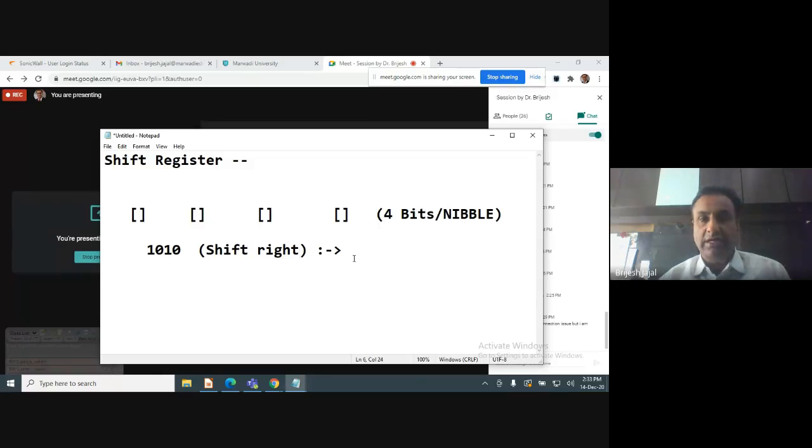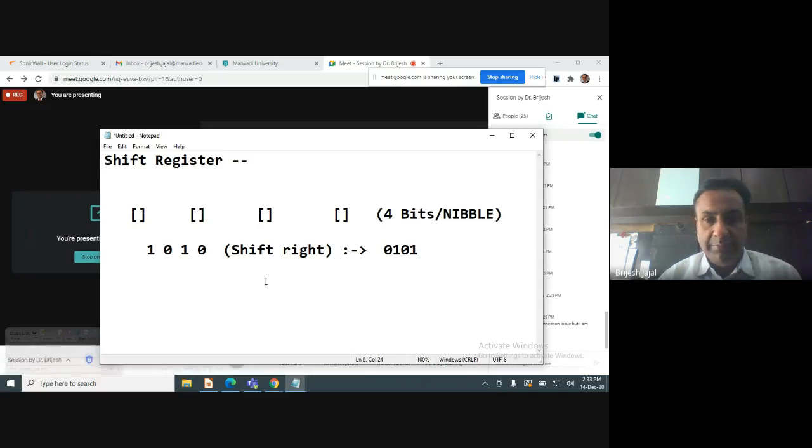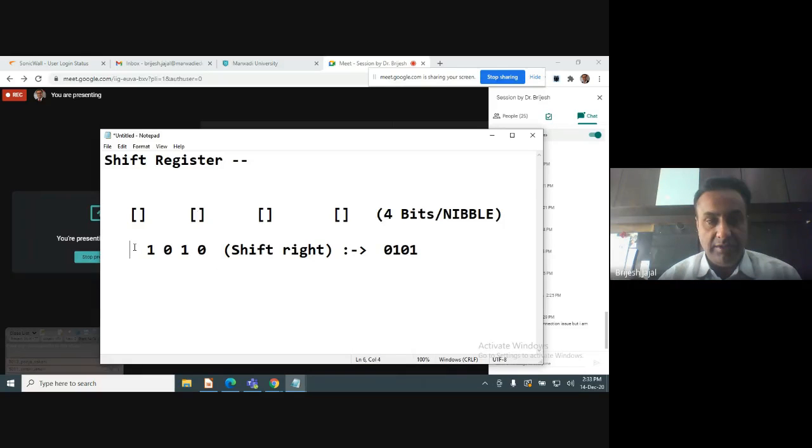When I shift on right, it becomes what? 0101. Did you get this? What I am doing? I push the value from here. This value is removed, it is gone, and here I push, so nothing is there, so it is 0, so it becomes 0101.